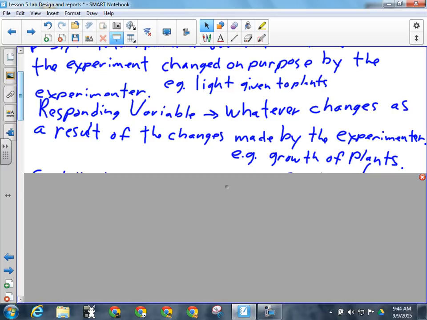Maybe if it's a plant that produces fruit, recording the amount of fruit that it produces, and things of that nature. There's many different ways to record your responding variable, and it's often a good idea to tell people when you're identifying it, here's why it's the responding variable, and here's the things that are going to be its indicators.